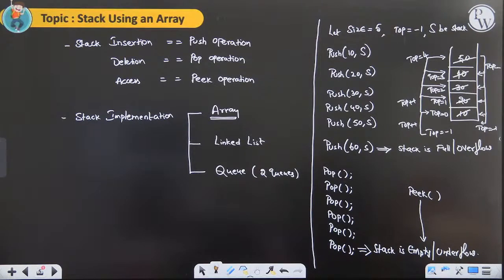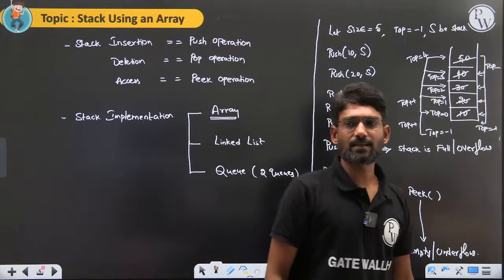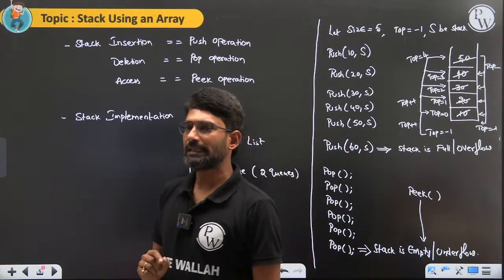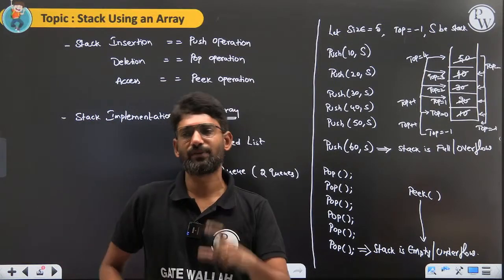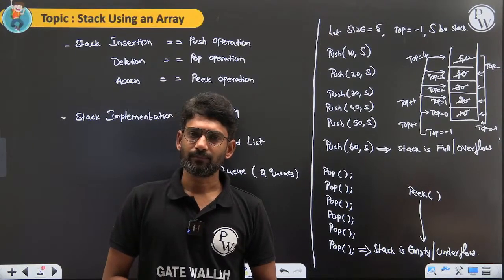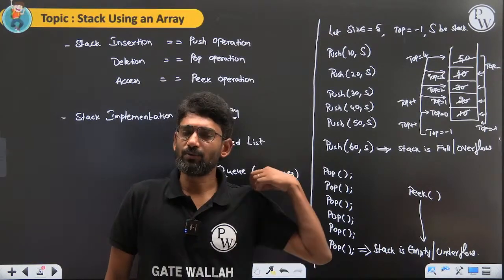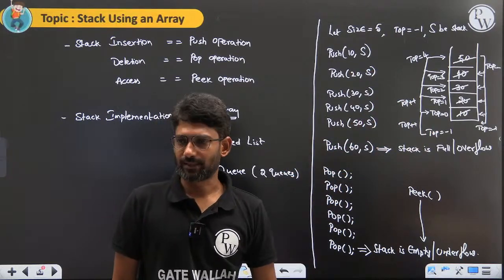Meenakshi. Peek means just accessing, not deleting, just accessing what is on the top of the stack. Like you want to print. So when you say peek, what is on the top of the stack, you will get.